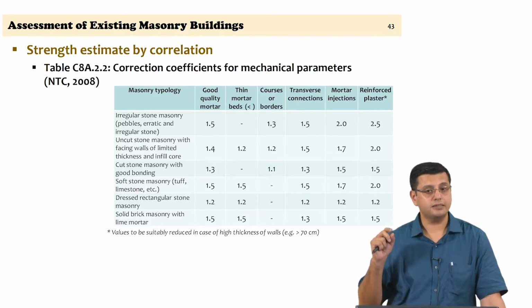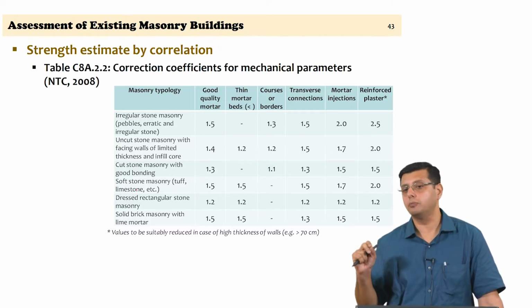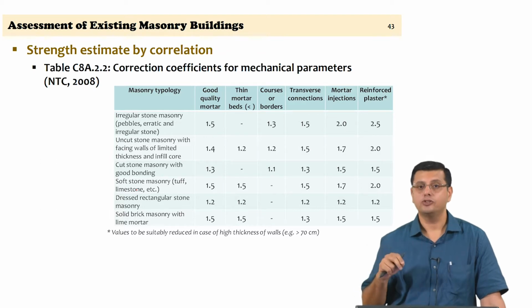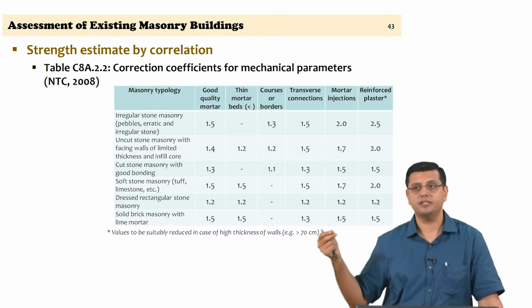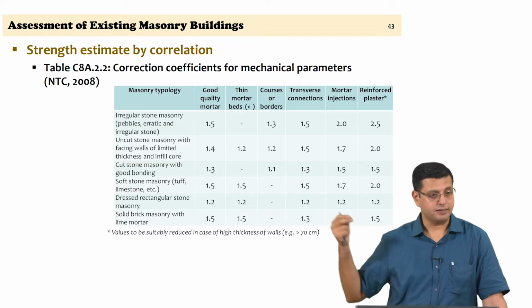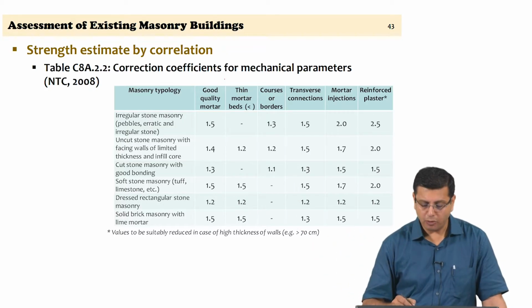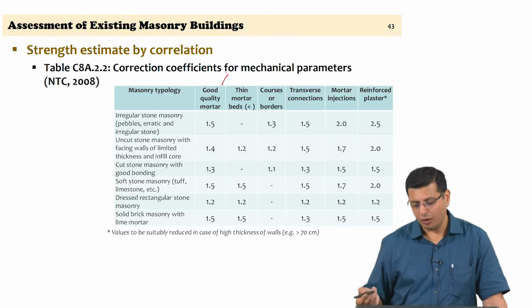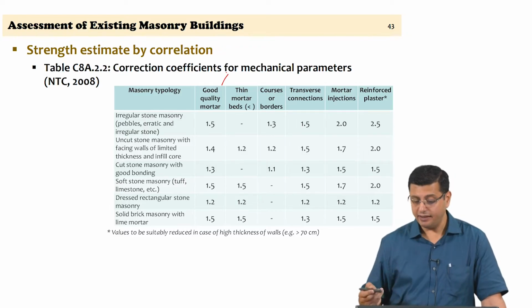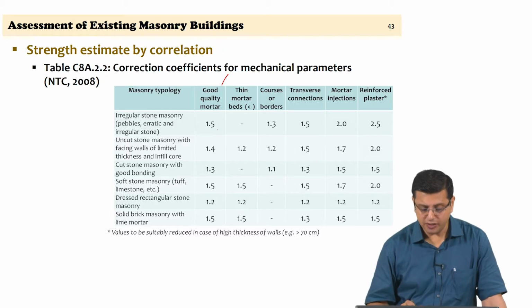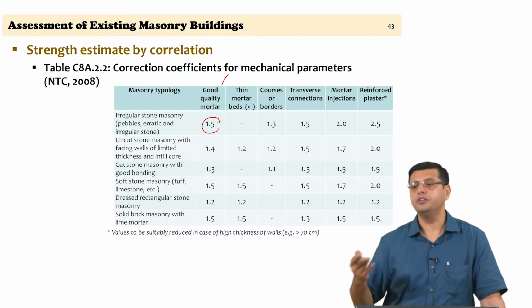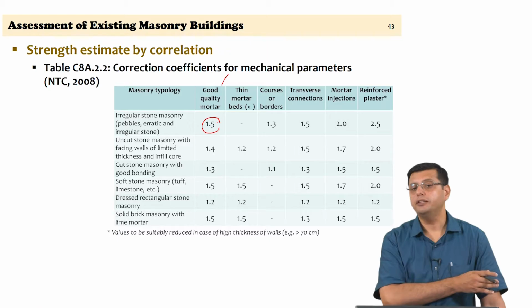We have seen that the mortar joint has a very important role to play in the strength of masonry. So, if based on your observations of the structure from the extracted masonry cores, you are able to establish whether you are looking at a good quality mortar joint or a poor mortar joint, then you can actually use correction factors to improve the values that you saw in the previous slide.